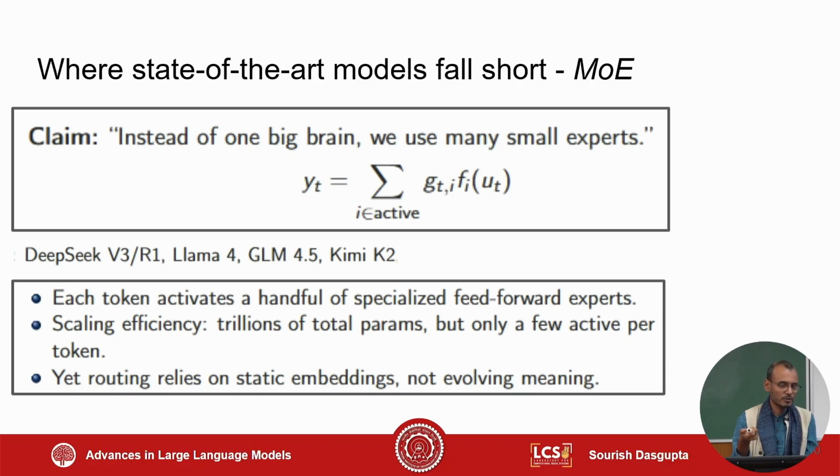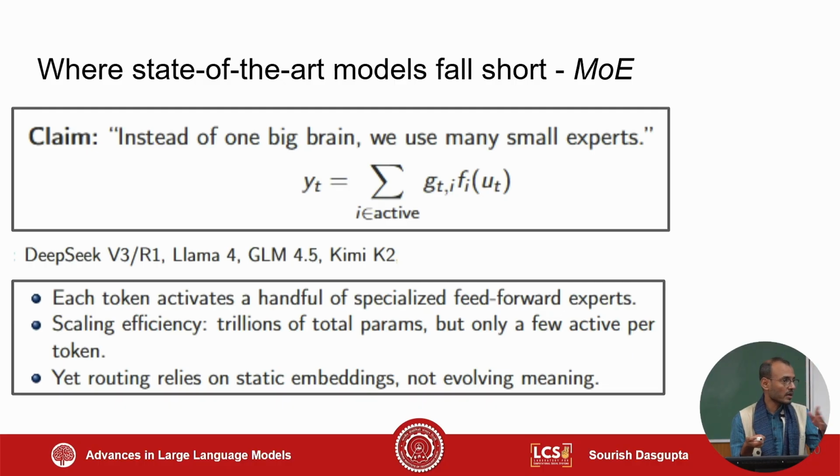So y_t is basically a summation over all the active experts for a particular input, as in DeepSeek V3, R1, Llama 4, GLM 4.5, Kimi K2. These models work on a mixture of experts, and each token activates a handful of specialized feed-forward experts. Scaling efficiency is there, but routing relies on static embeddings, not evolving meaning.